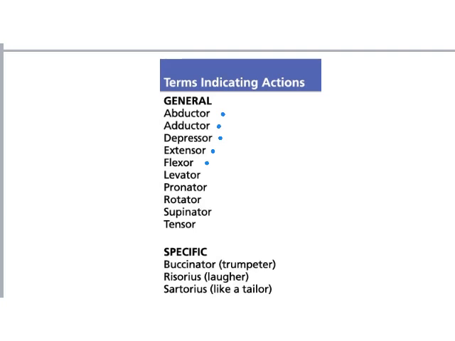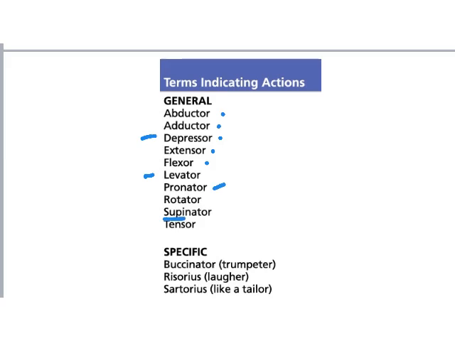Levator will be the opposite of depressor. It's going to elevate something. Pronator, rotator, supinator, tensor. Pronator is going to cause pronation. Rotator is always going to cause rotation, like the muscles of the rotator cuff. Supinator is going to cause supination.